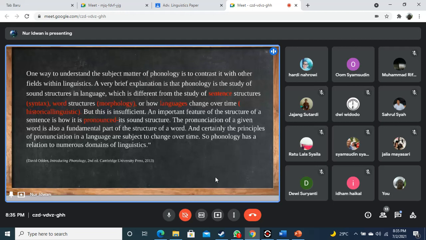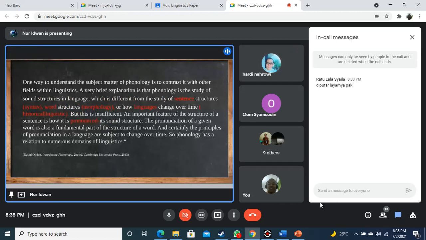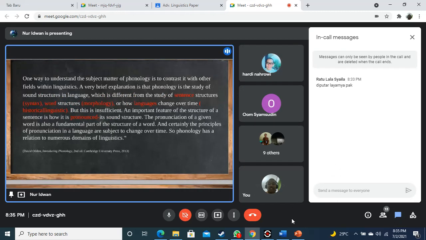But this is insufficient, because an important feature of the structure of a sentence is how it is pronounced, its sound structure. The pronunciation of a given word is also a fundamental part of the structure of a word. Conversely, the principles of pronunciation in a language are subject to change over time. So phonology has a relation to numerous domains of linguistics.